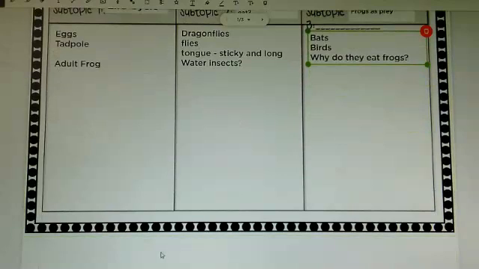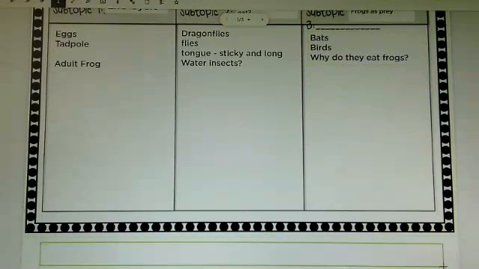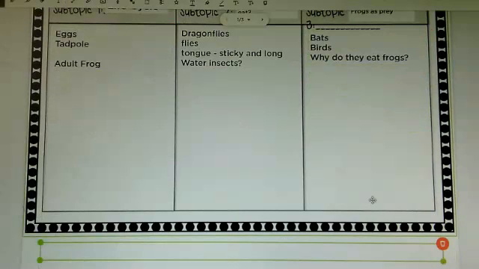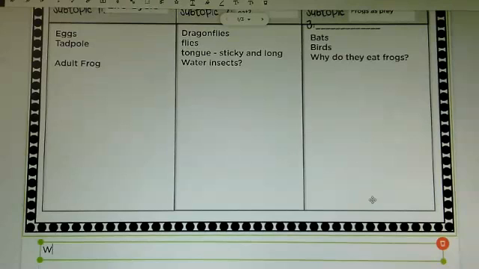But I have one more thing I need to do. Down here at the bottom, you are going to have a green box, and it has a question. And it says, what else do you need to research? Well, I need to know what comes between a tadpole and an adult frog.